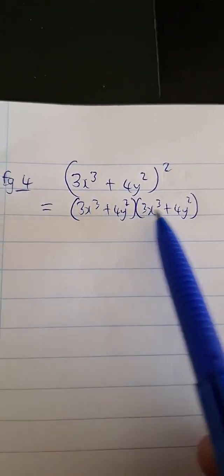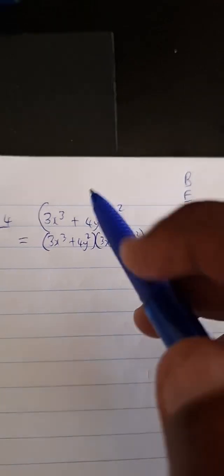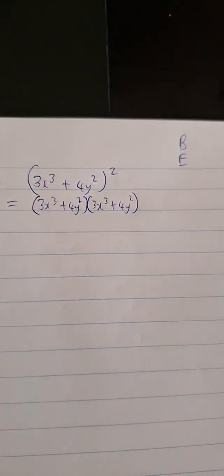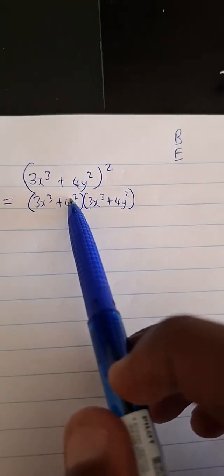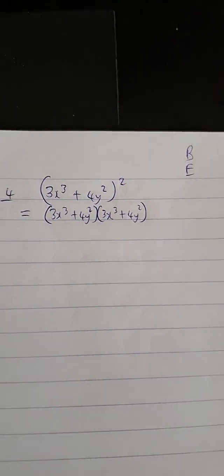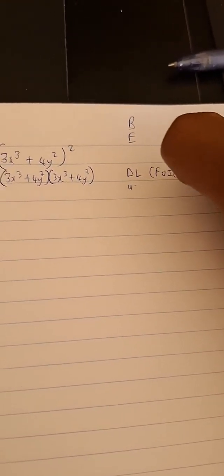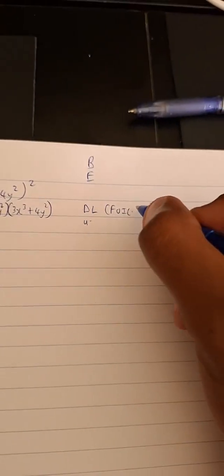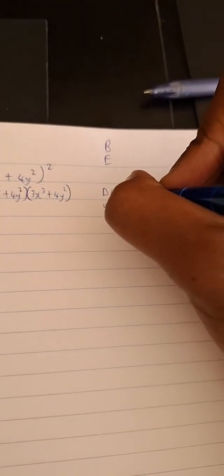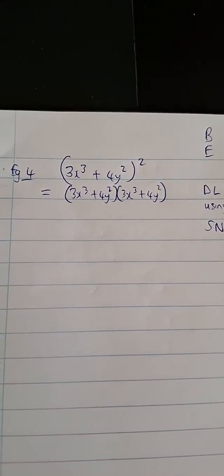So that we can then see this is also one term, but it has 2 terms in it. So I'm going to use FOIL again. This is back to the distributive law. And we know specifically for these types, we use FOIL.